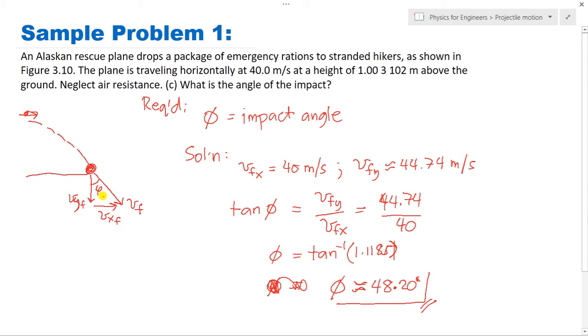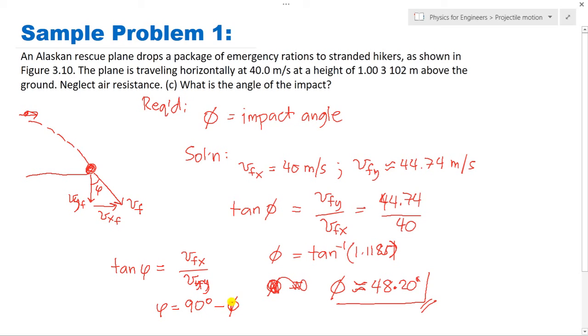So what is this gamma? The tangent of gamma is equal to, it is no longer VFY, this is VFX all over VFY. Therefore, the relationship of our phi and gamma is just equal to 90 degrees minus the angle phi.